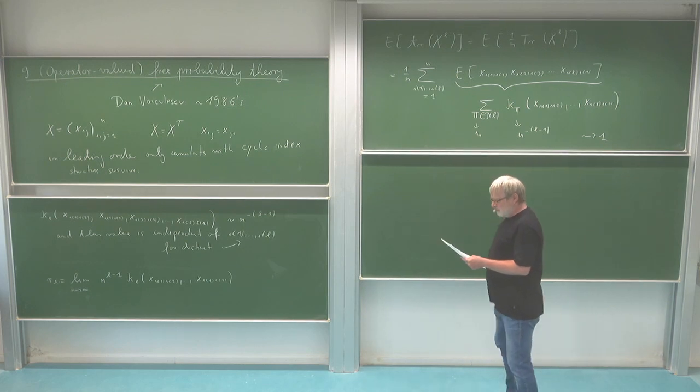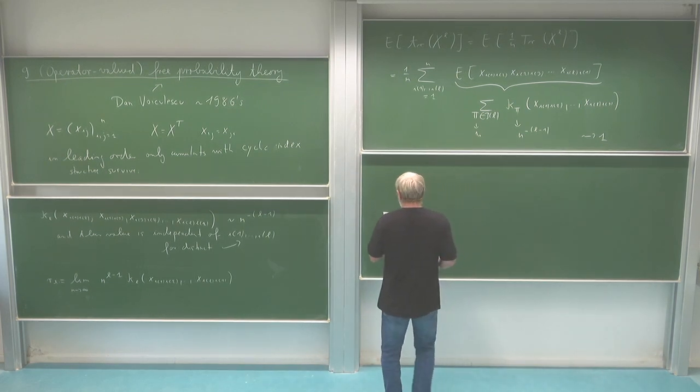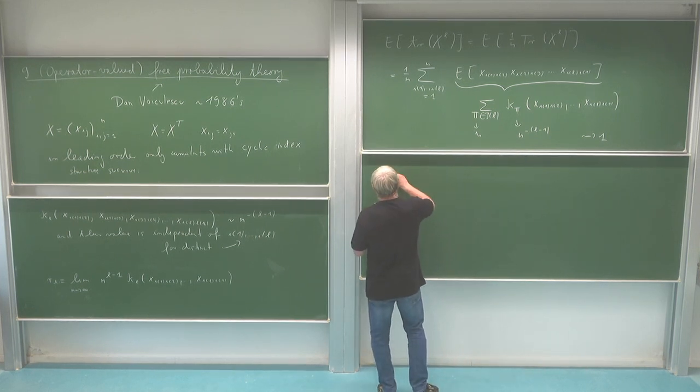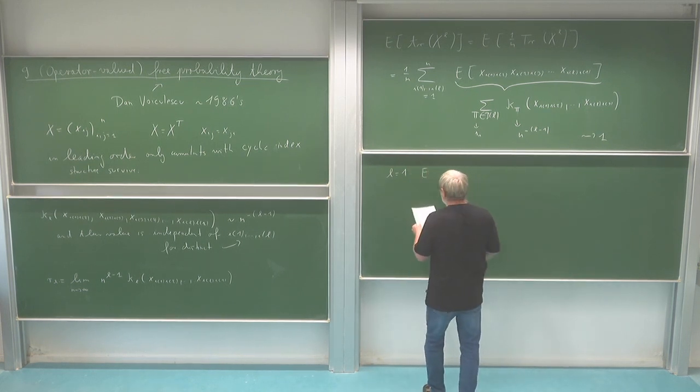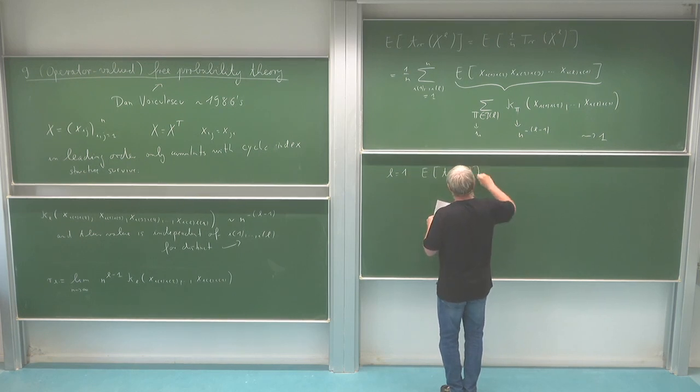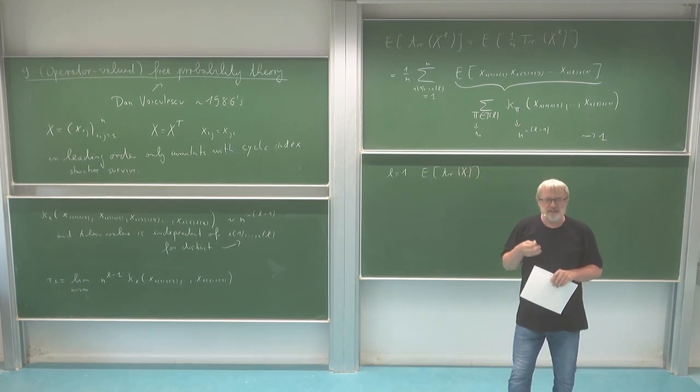Maybe let's first do the smallest one, namely L equal to 1. So what is this calculation doing in this case? I want to take the expectation of the trace of x, or actually I want to take it asymptotically.